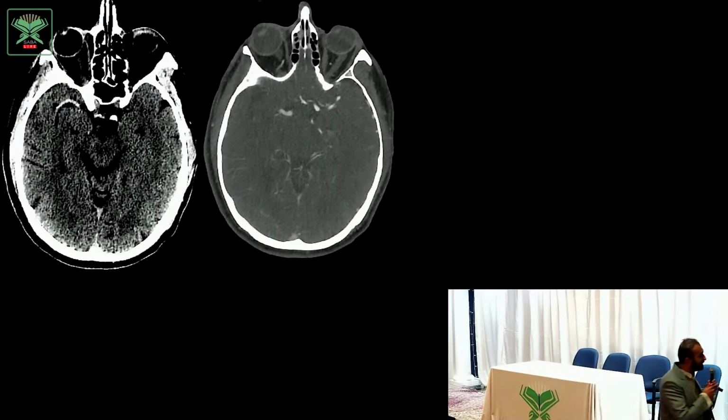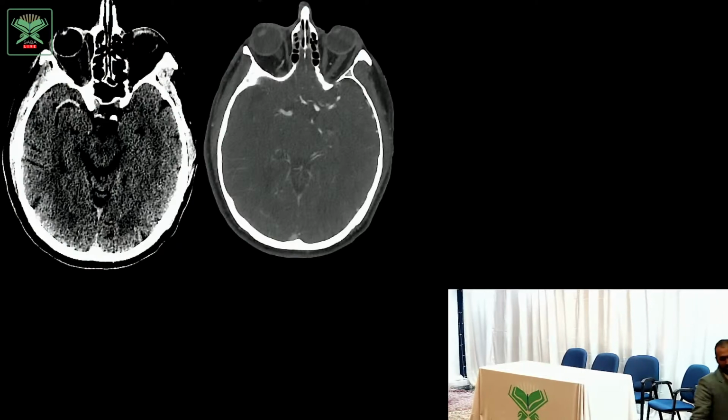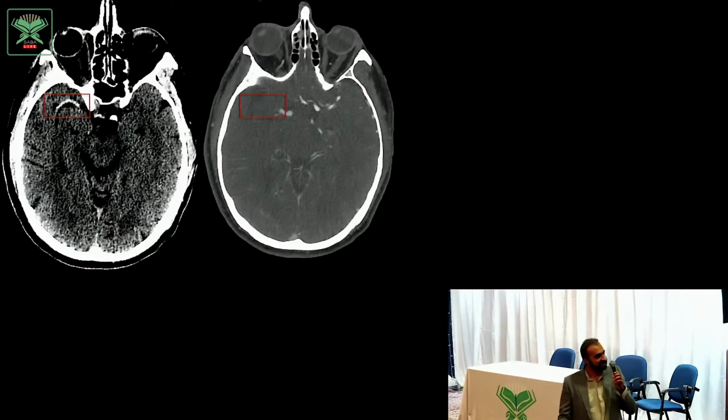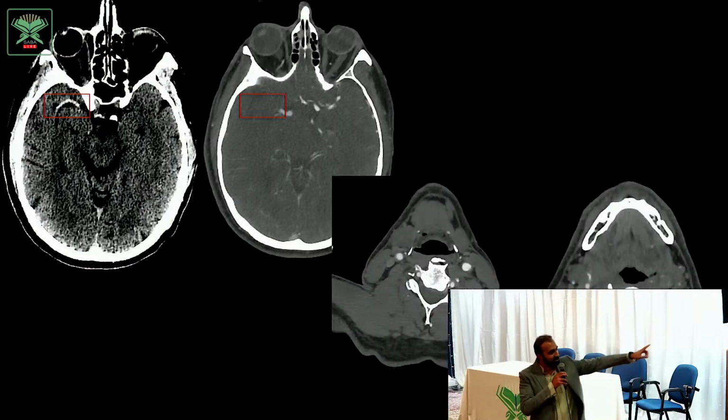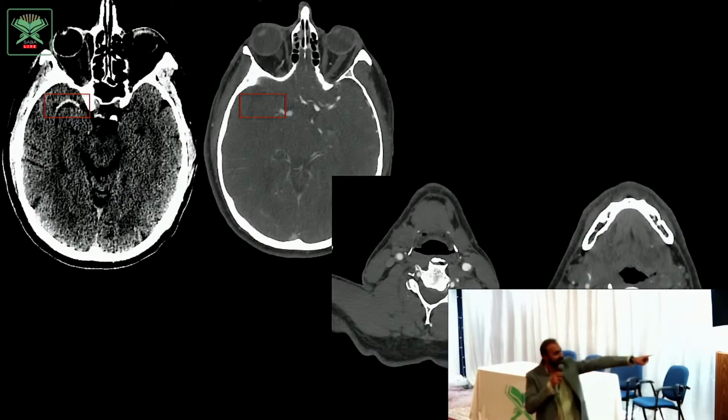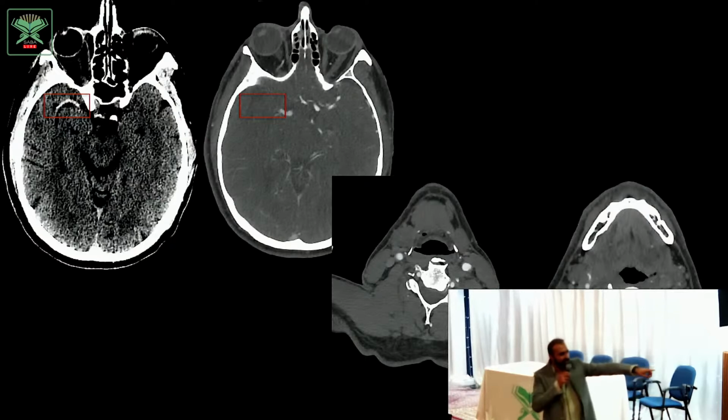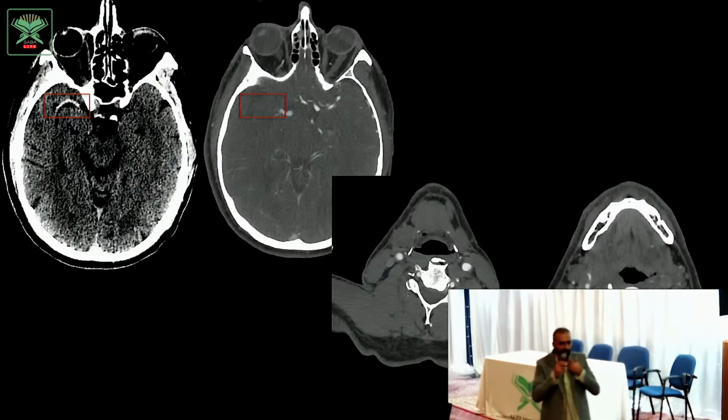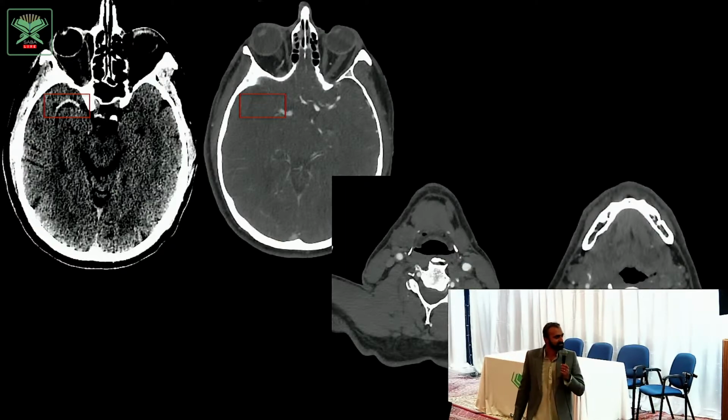You can see that this part of the brain has a bright line over here, highlighted. So, clot in the right middle cerebral artery. If you look further down in the neck, there's a blood vessel called the carotid artery that isn't filling with contrast. That's there with that red circle.